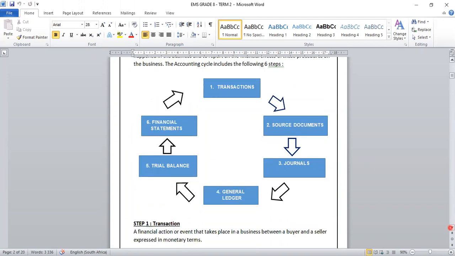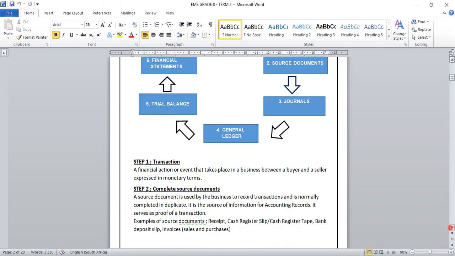Let us have a look at our first step, transaction. A transaction is a financial action or event that takes place in a business between a buyer and a seller, expressed in monetary terms. In grade 7, we learned that a transaction is a business deal where money is involved.